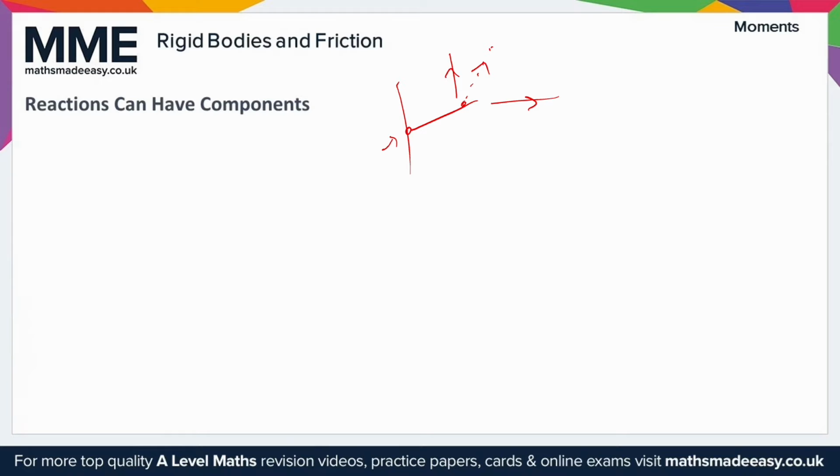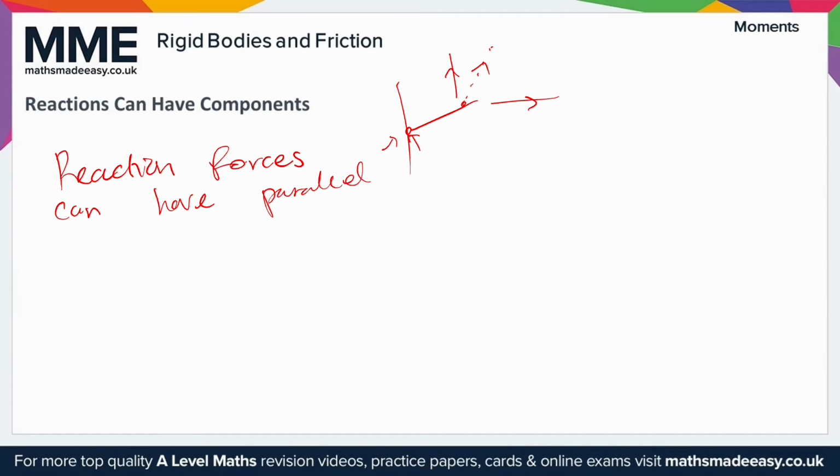Okay, the issue then is the reaction force at our hinge point isn't just perpendicular to the wall. It's parallel and perpendicular. So we would have to consider the reaction force as two components. So reaction forces can have parallel and perpendicular components.